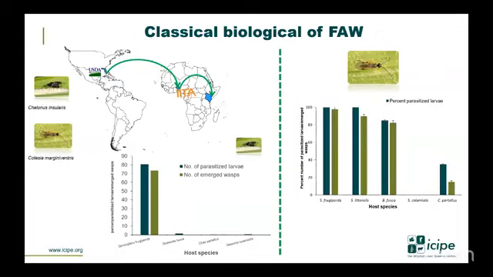For the egg parasitoid, Telenomus insularis, it was quite specific, and also quite efficient. For the larval parasitoid, Cotesia icipe, it had a slightly broader host range, but it is even more efficient than the egg parasitoid.